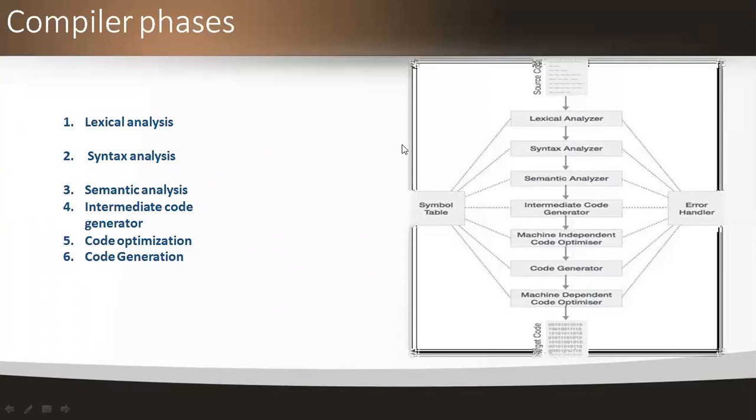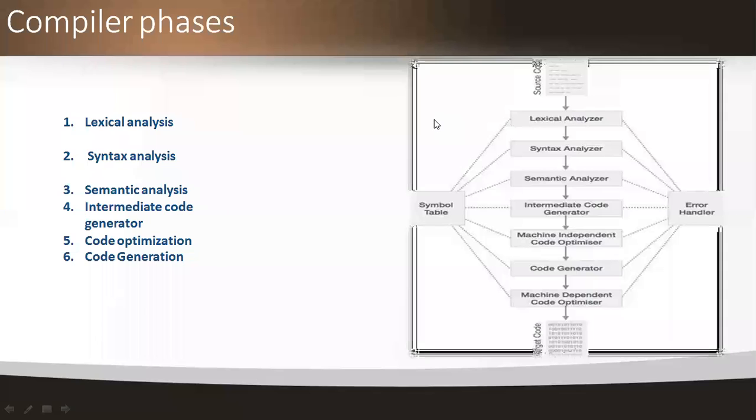And here this is the structure of the various phases of the compiler. If you see the slide that I shared with you all, the slide consists of the structure of the various phases of the compiler. Before learning in detail the context of each and every phase, first of all, I'm repeating the definition of the compiler.